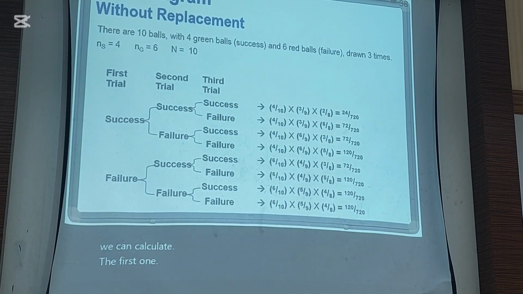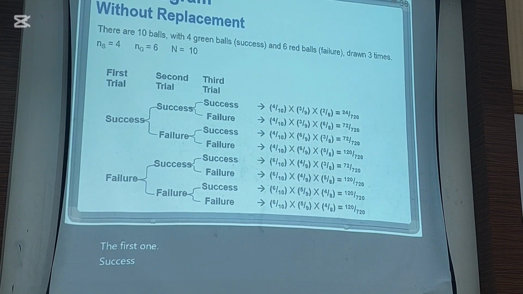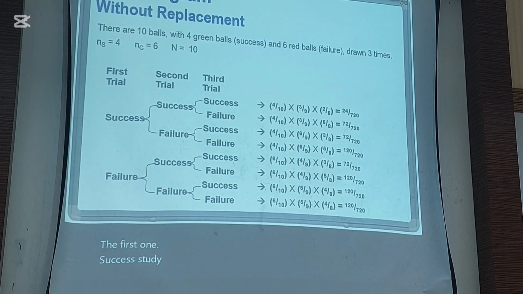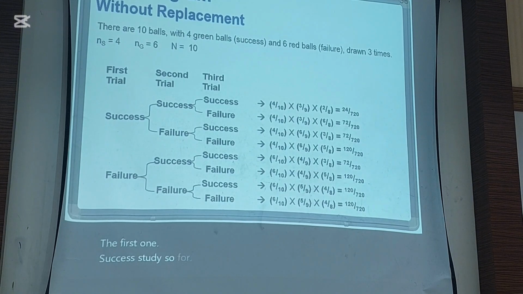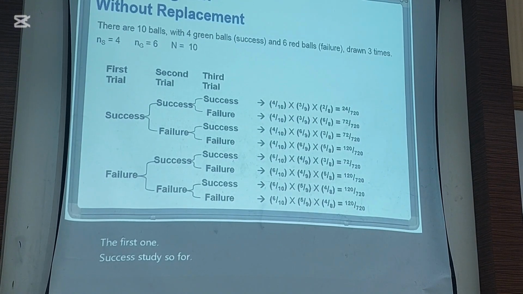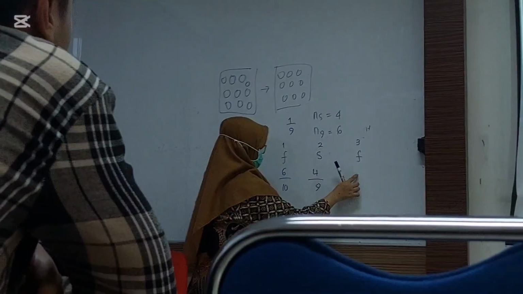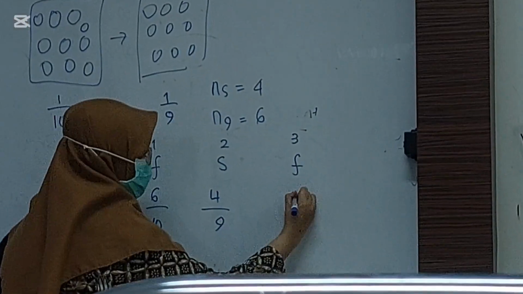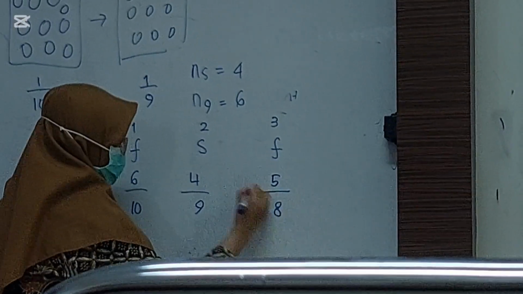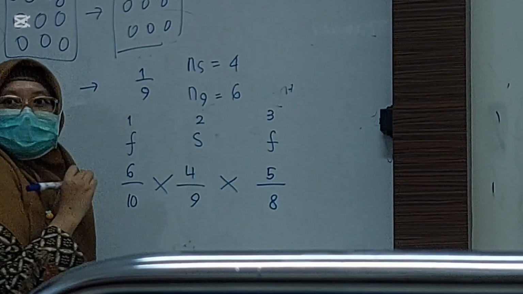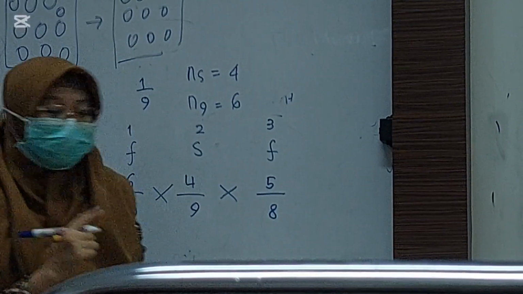So we can calculate the first one. Success, so 4 over 8. Oh, 9, yeah, because we don't replace. Why? Do you understand what I mean?